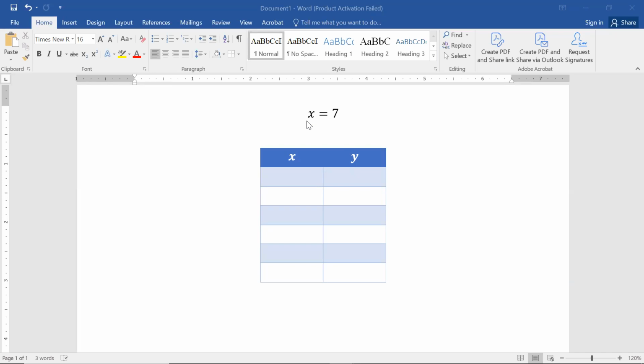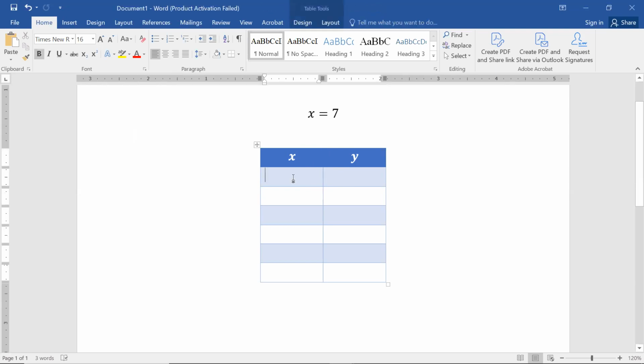The interesting thing about trying to use a table method is we have to be conscious of what our picks for numbers are. Since we have the line x equals 7, I don't want to pick various values for x.